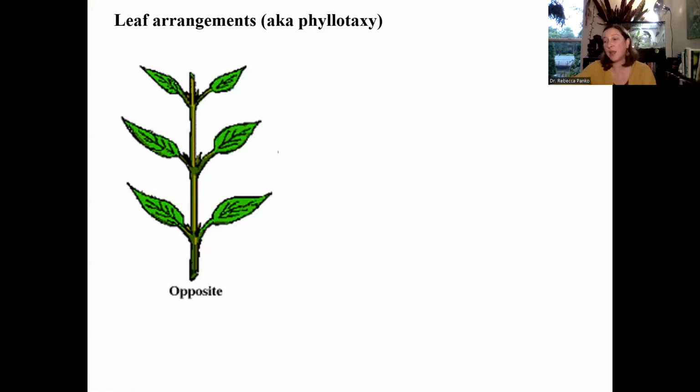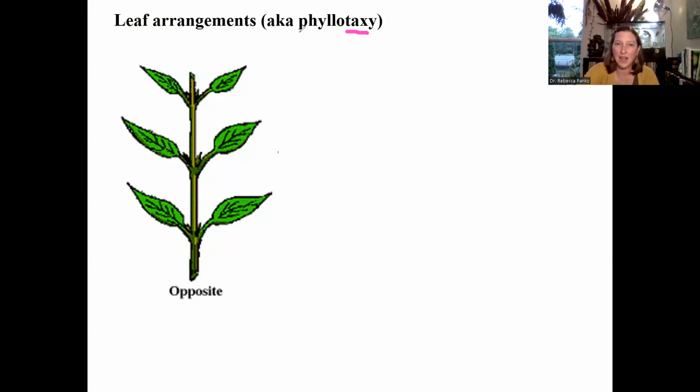So leaf arrangement, the more fancy word for that is phyllotaxy. You might remember from the first lecture, biological taxonomy, the very first class, which was a classification system for biological things.